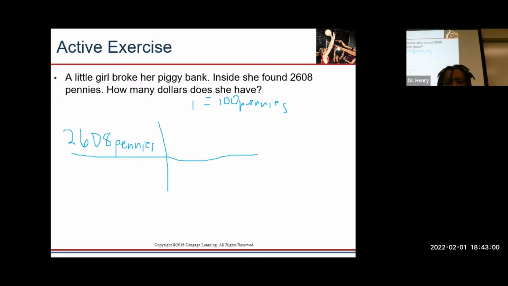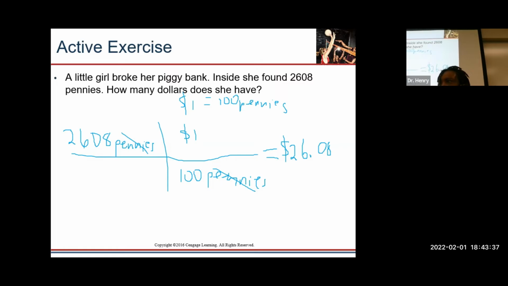So how am I going to use that $1? Pennies cancel out, and we're left with just dollars.